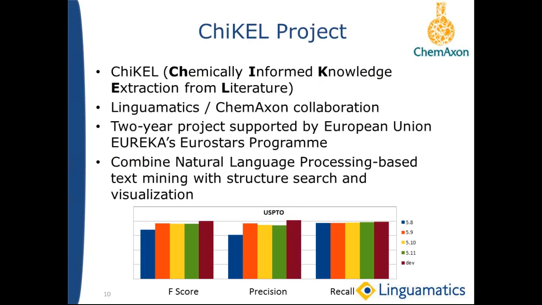So we actually had a collaboration with Linguamatics on a project called CHIKO, Chemically Informed Knowledge Extraction from Literature. This is a 2-year project supported by the EU Eurostars program, because Linguamatics has a lot of patent documents, and we applied our naming technology on these documents to extract the structures out and also compare with the manually indexed data.